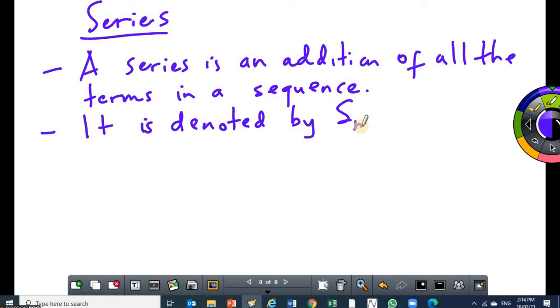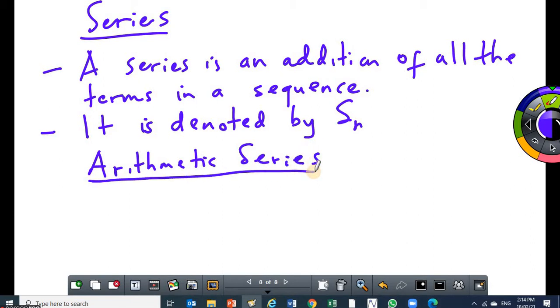Then, let's introduce the arithmetic sequence now and see the relationship between an arithmetic sequence and an arithmetic series. So we have a new heading, arithmetic series, Sn.